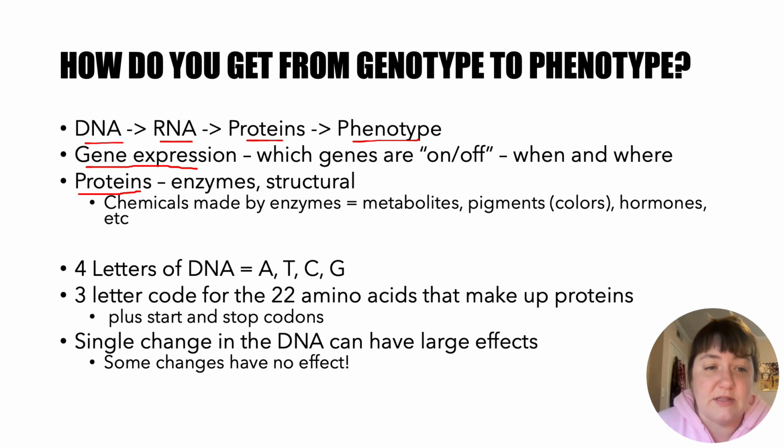Some of the chemicals that are made by enzymes, proteins, are metabolites, pigments, colors, hormones, and many more. And so you have 4 basic letters of DNA that code for 22 amino acids that make up the proteins. And there's also a code for when the protein should start and stop. And a single change in the DNA can have large effects, and some changes have no effects.